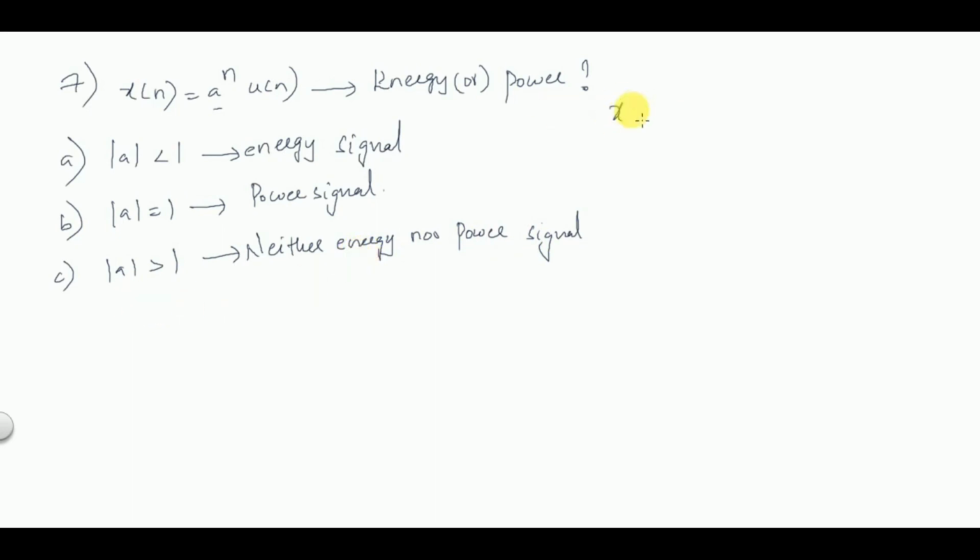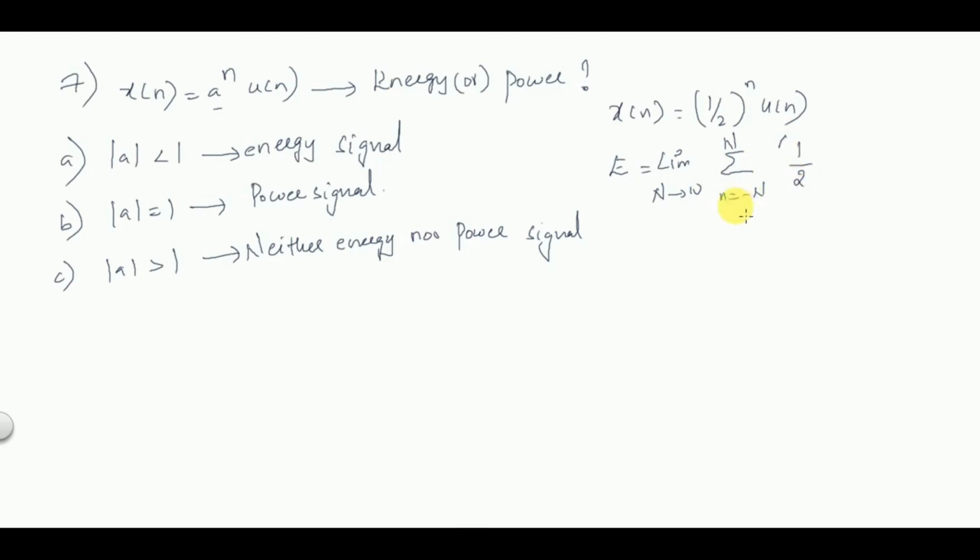Suppose you are given x of n is equal to 1 by 2 whole power n into u of n. Then what is the formula to find energy, because this is a discrete time signal?